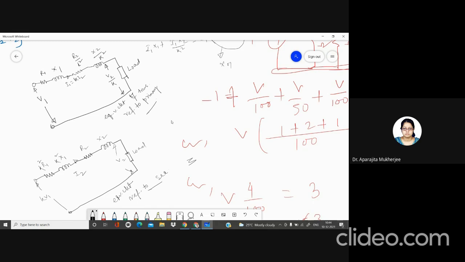So secondary is transferred to primary. Now if we want to find out further for secondary circuit, so secondary resistance and reactance will be there, only to convert the primary to secondary. Okay, so this is the case for equivalent resistance of primary to secondary. Okay, now this thing is clear to all of you.